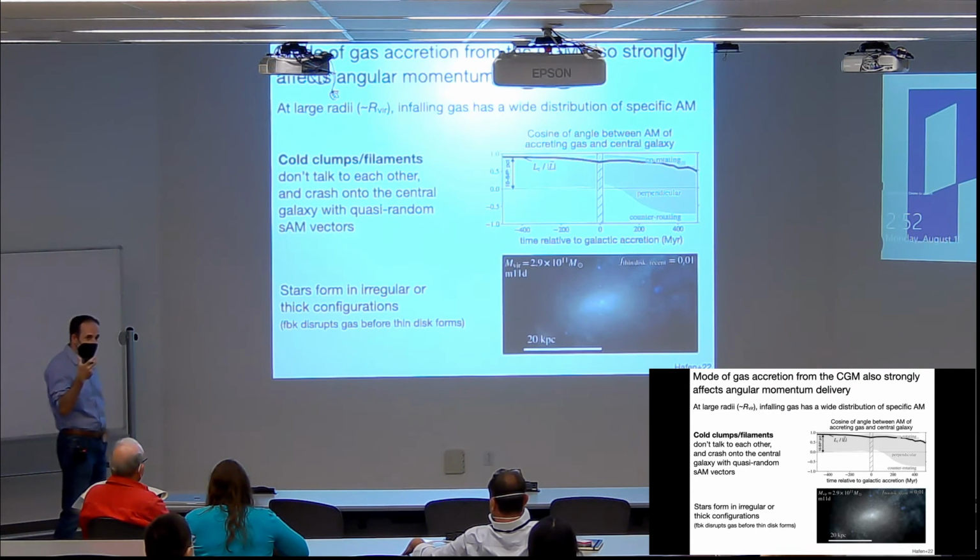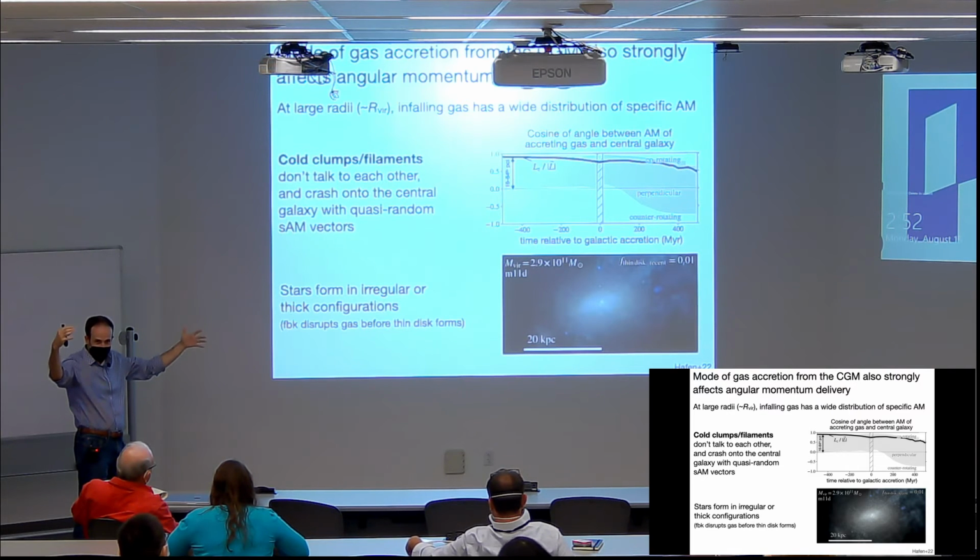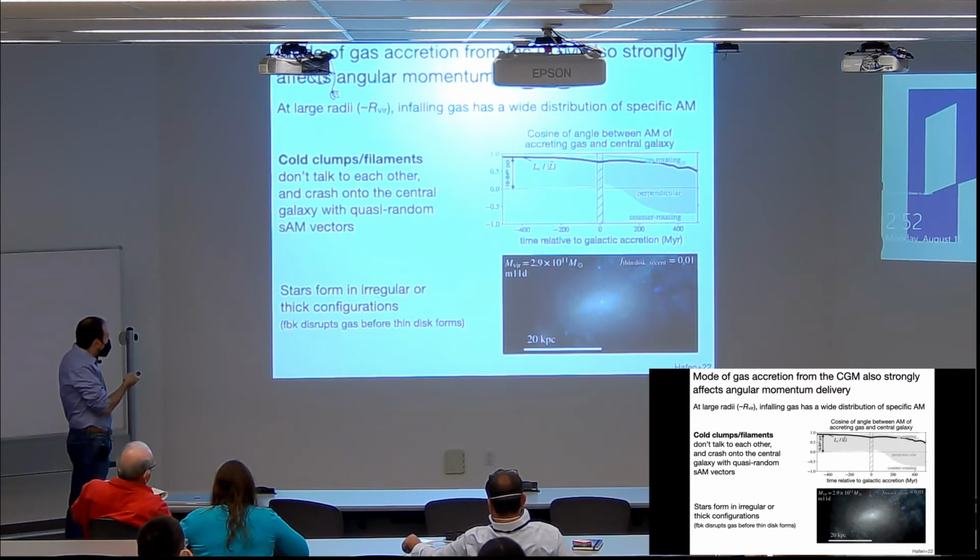And here the idea is that when gas falls in from large-scale structure and is still at, say, a virial radius, it has a wide distribution of specific angular momentum. This is a result from the cosmological simulation. You can see it in the width of this gray band here.